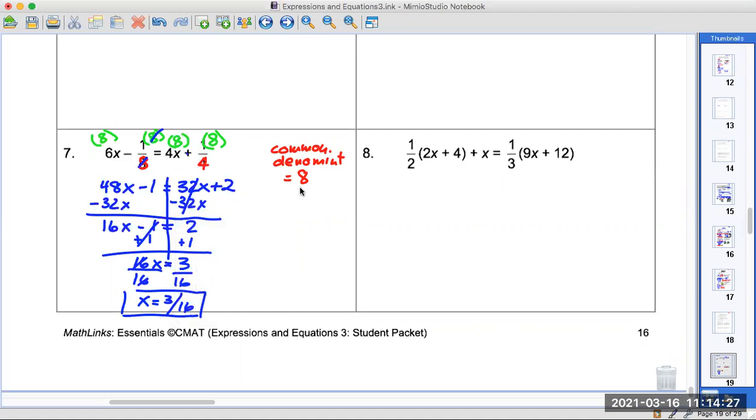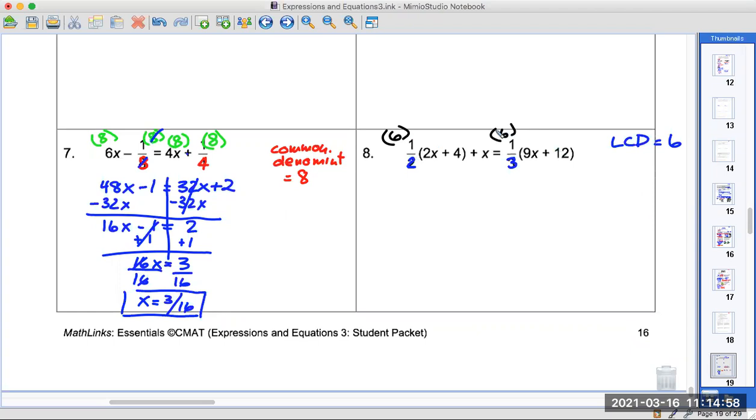Let's look at this one. So your fraction, you look at the denominator. Lowest common denominator between 2 and 3 is 6. Because 6 is divisible by 2 and 6 is divisible by 3. So now you multiply everything by 6. However, you do not have to multiply this because the 1/2 takes care of that.